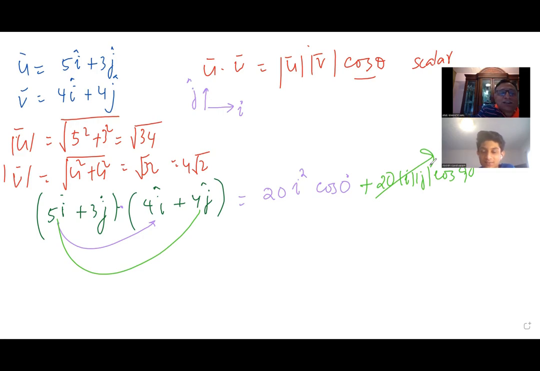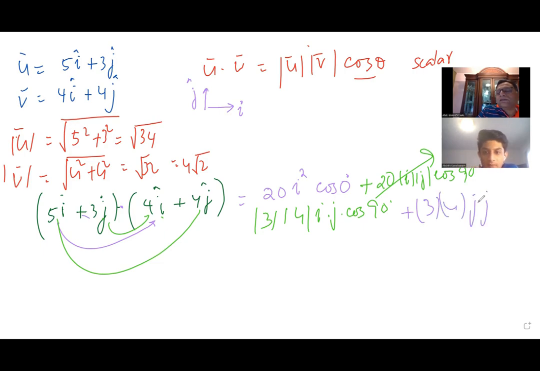Now we'll say 3 times this. So we did 3 times the magnitude of 4 times i dot j, which is the magnitude times cos of 90 degrees, since i and j are at an angle of 90 degrees. And the last component is 3j dot 4j.